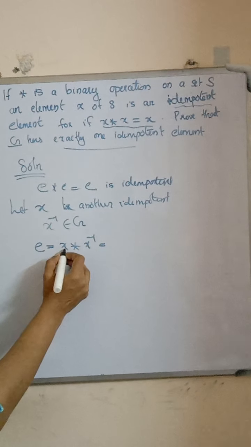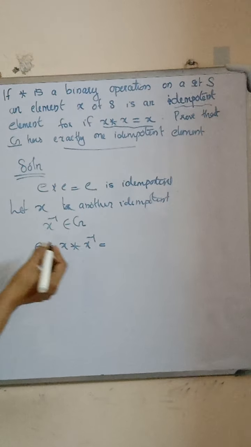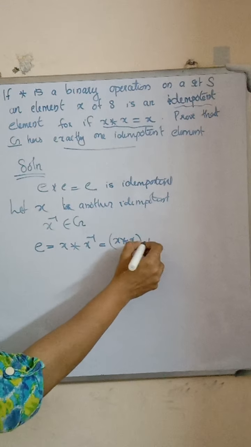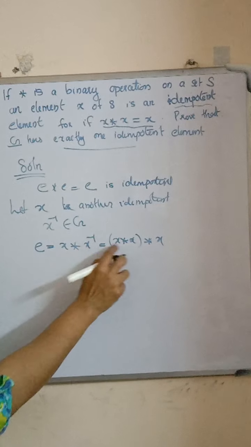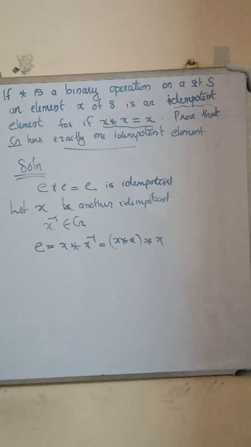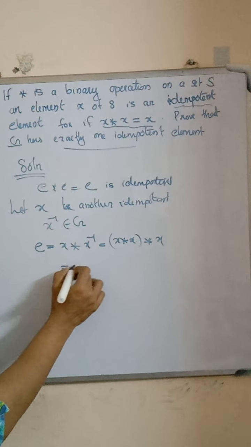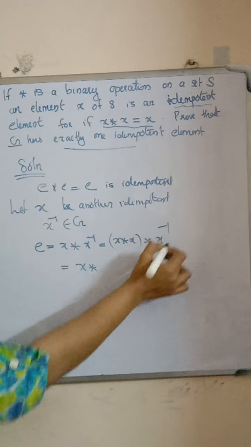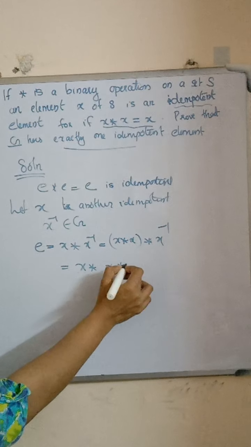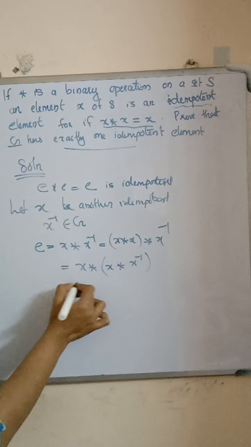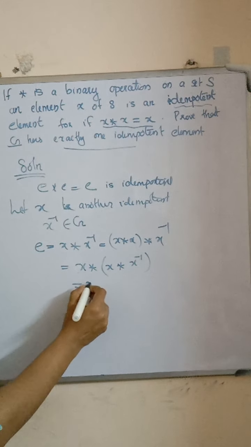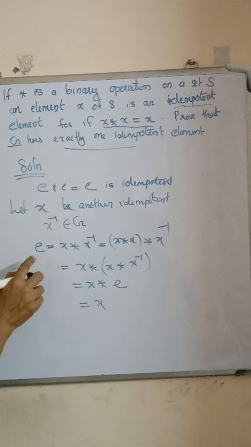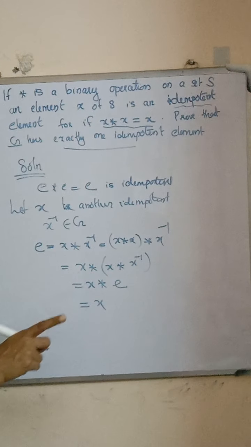Since X is an idempotent element, we can write X as X star X, so that is X star X star X inverse. By associative property, that is equal to X star (X star X inverse). What is X star X inverse? X star X inverse is the identity element. That is equal to X. So we get identity element equal to X.